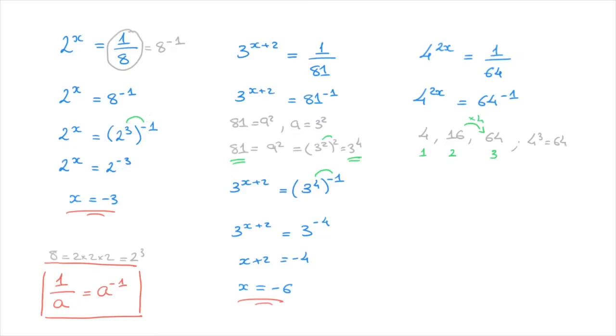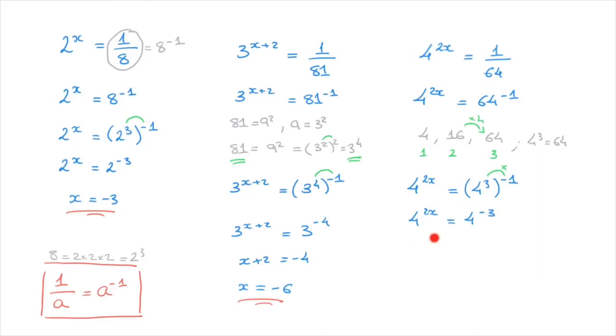Using that result, we can rewrite our equation as 4 raised to the power of 2x equals 4 to the power of 3 raised to the power of negative 1. Multiplying this power of 3 with this power of negative 1 leads us to 4 raised to the power of 2x equals 4 to the power of 3 times negative 1, which is negative 3.